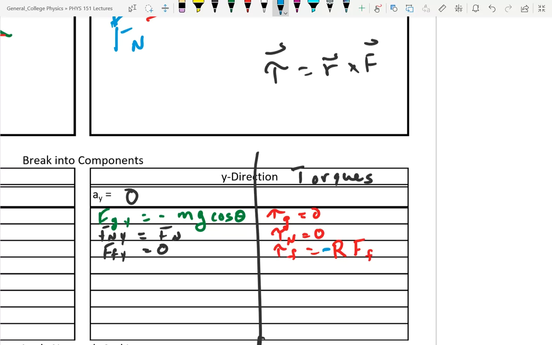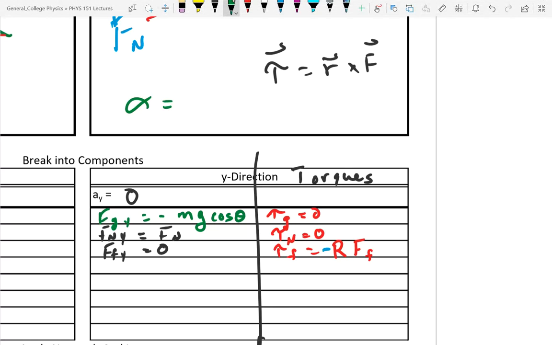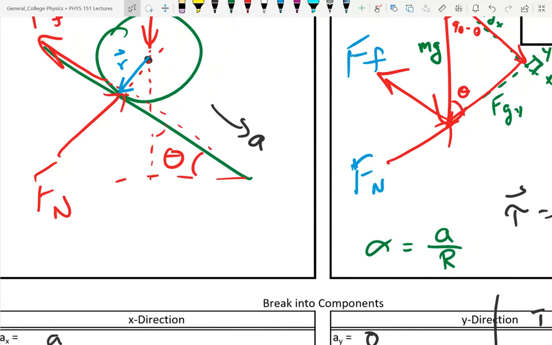Now there's a couple relationships that I need to establish. And the first one is the relationship between acceleration and angular acceleration. And we've learned that angular acceleration is equal to acceleration divided by radius. But once again, we have to make sure, is it the same radius that we were talking about before? Yes, it is.